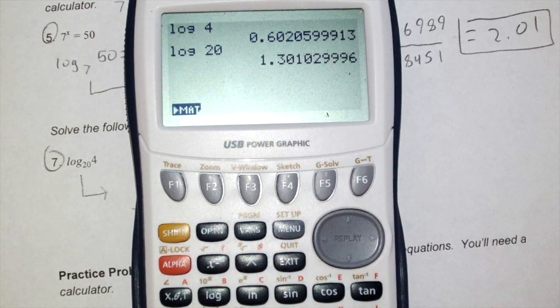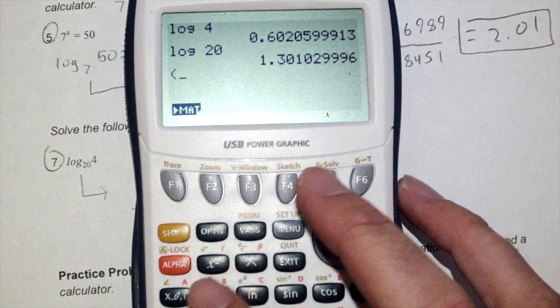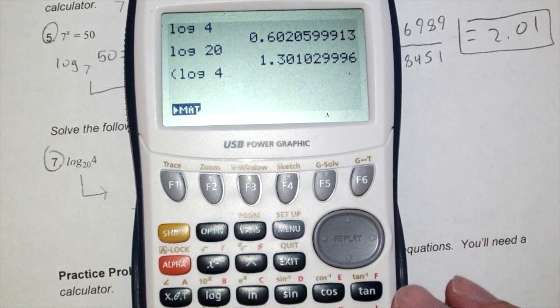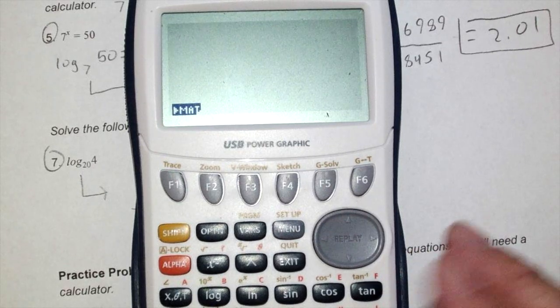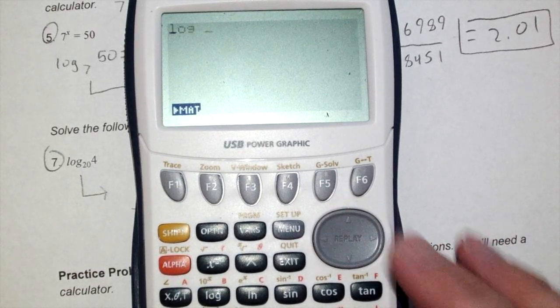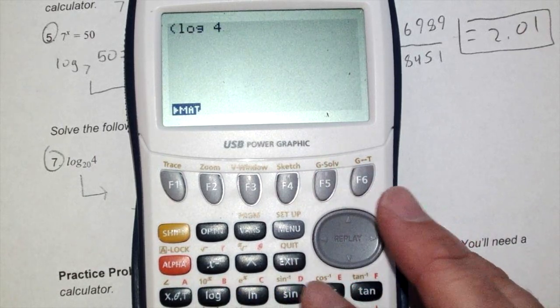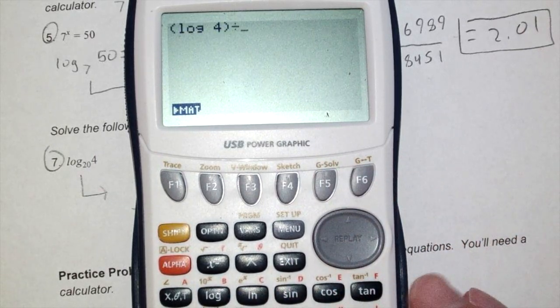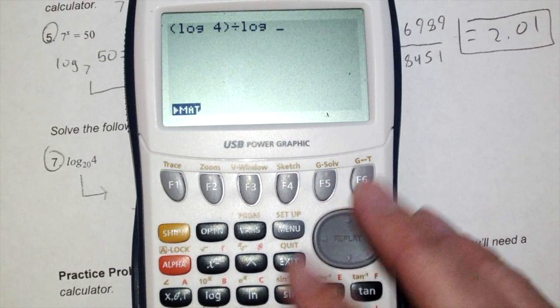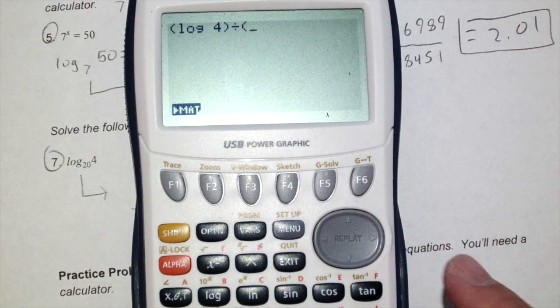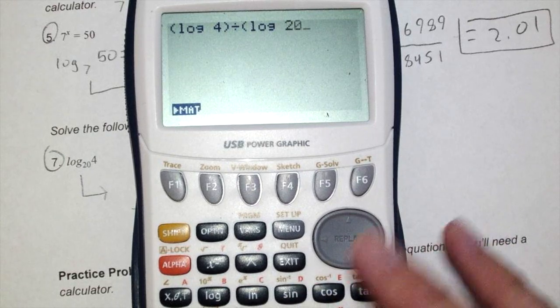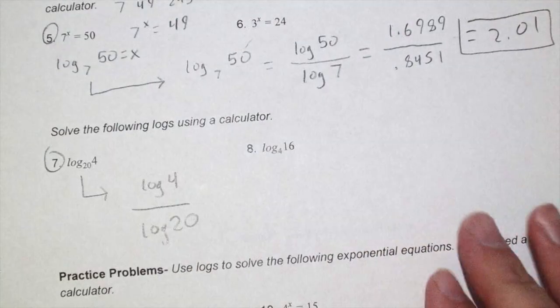The way I'm just going to do this is now that I can do it for that number. Clearly I'm not that good at the calculator. Log 4 divided by log 20.